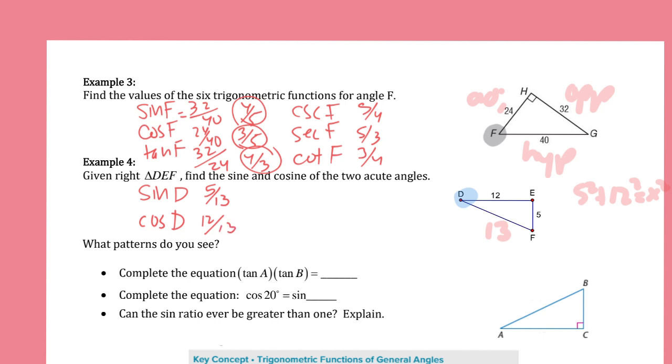When you go to find the sine from F's perspective and then the cosine from F's perspective, you're going to notice that the sine is going to equal 12/13, and then the cosine is 5/13, because from each of those acute angles' perspective, the opposite and the adjacent are interchanged. So sine from D's perspective is going to be the same as cosine from F's, and vice versa.